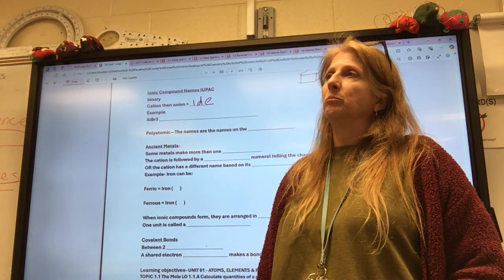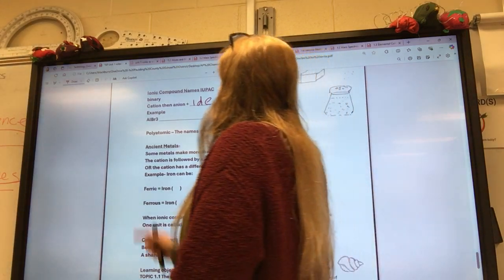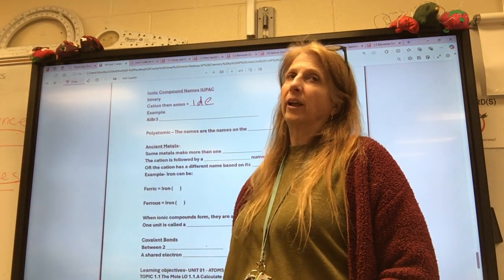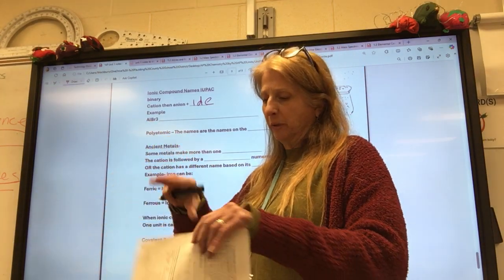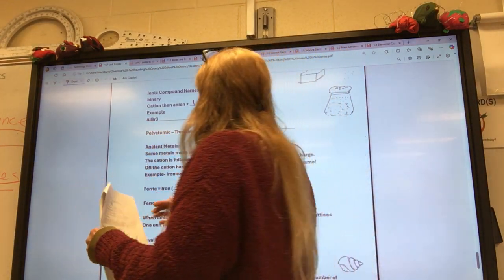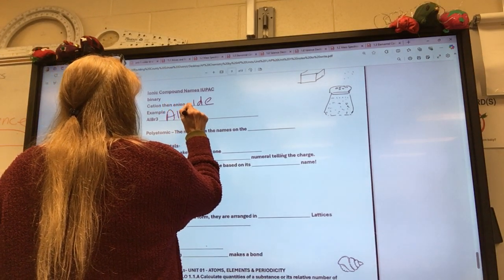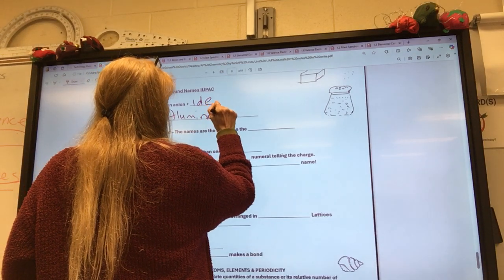It's sodium fluoride, not sodium fluorine. Okay? So what was the name of this one? That's supposed to be a subscript. Word has a hard time sometimes. AlBr. What's the name of that going to be? Aluminum bromide. That's messy.